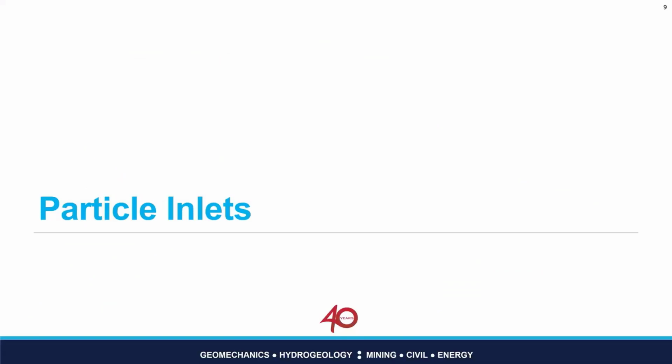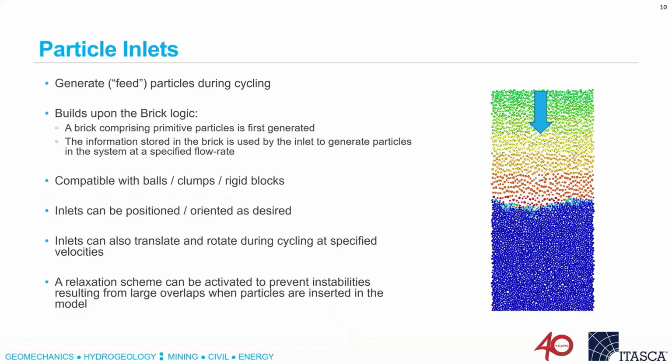So now briefly, another new feature that is available in PFC7 is the particle inlets. Particle inlets are a way to generate particles or feed particles in the system during cycling. It builds upon the brick logic, meaning that you first create a brick. All the information about the position and rotation of the particles is stored in this brick.